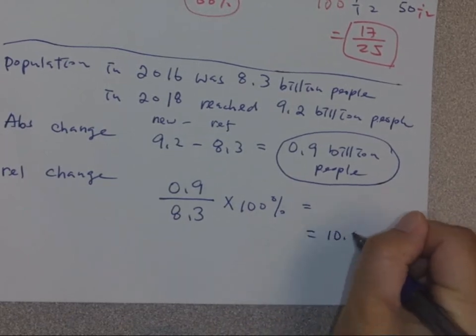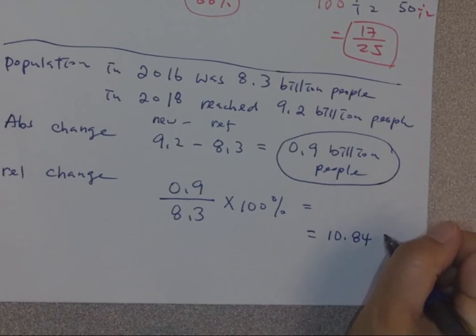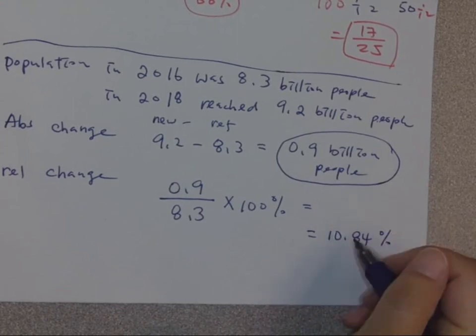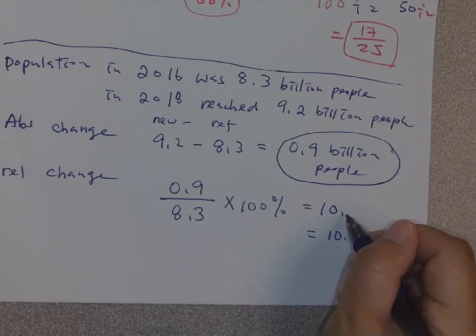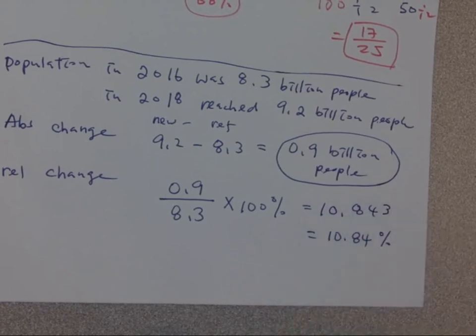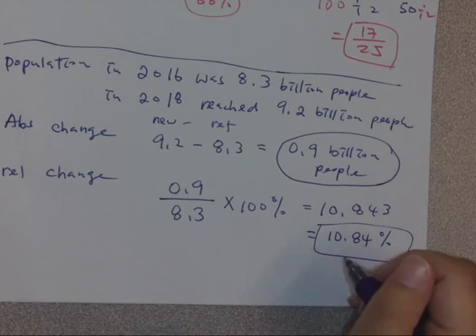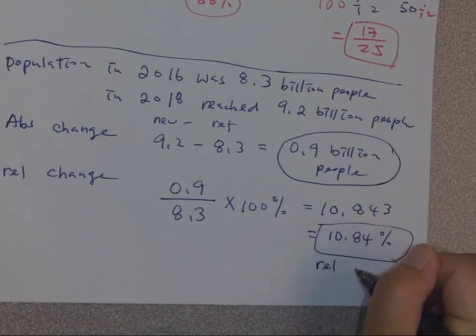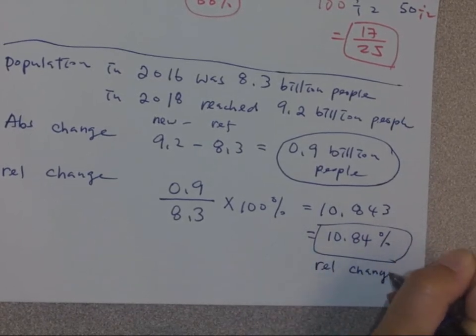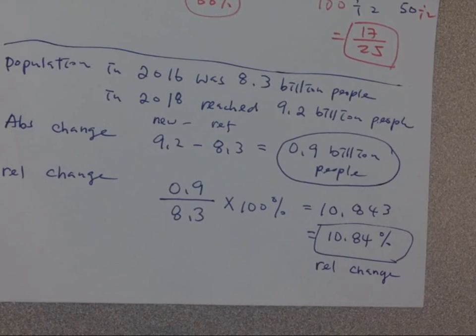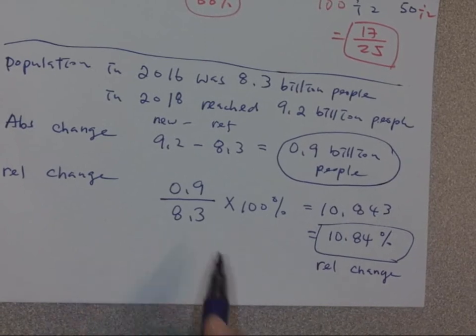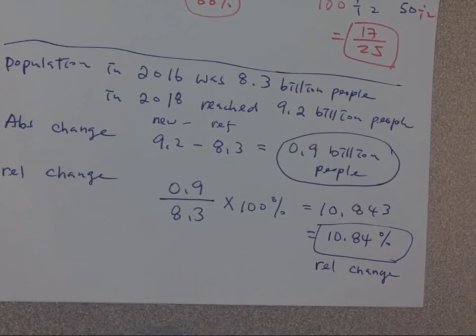I had 10.84. This is in percentage. So if you get the decimal number, it will be 10.843. After you round it, it's about 10.84% for the relative change. Are we okay? Can we do something like that? You just need to make sure which one goes to the top, which one goes to the bottom, etc. Okay? Questions?